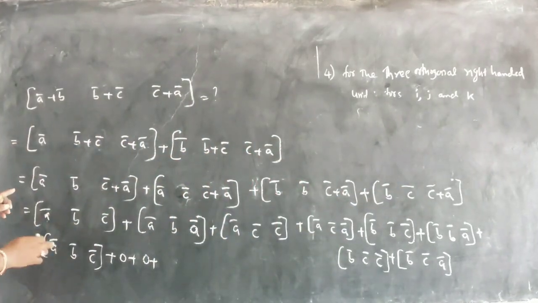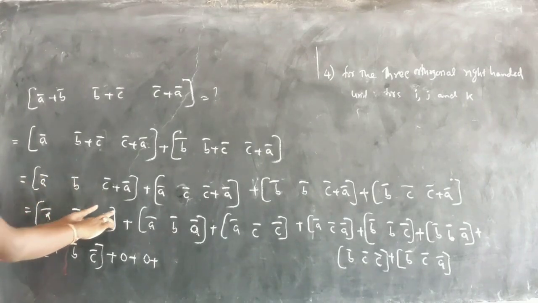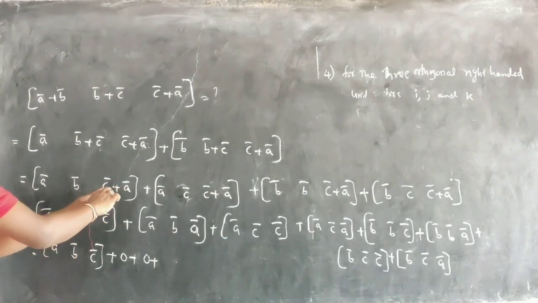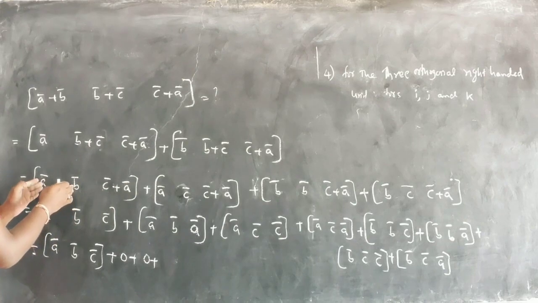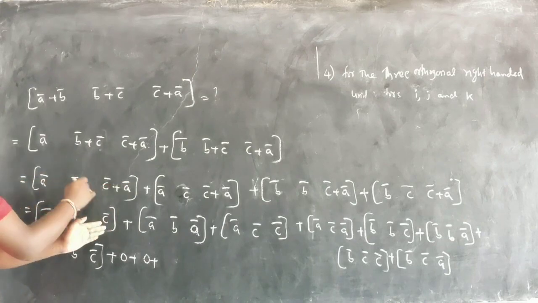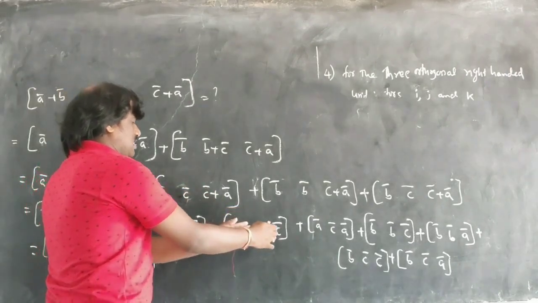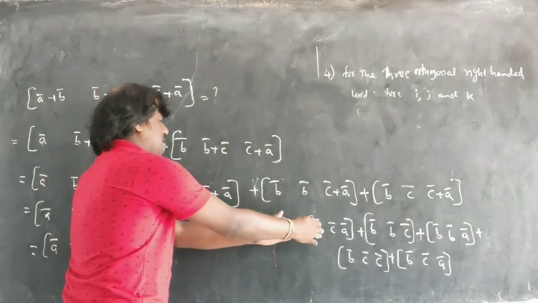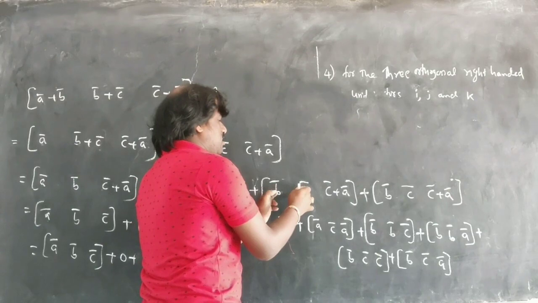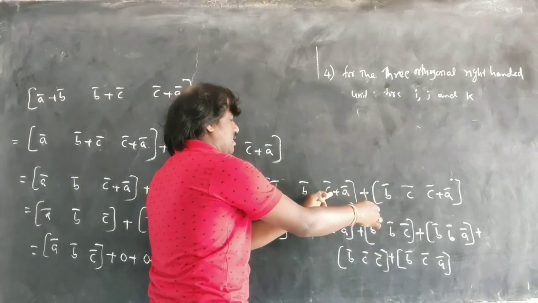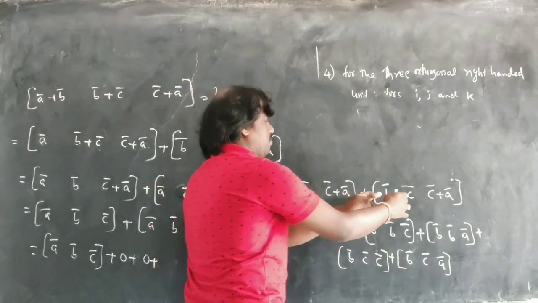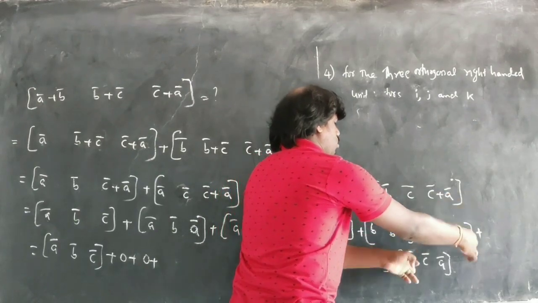Now what happened here? First one over, second one over, so the last one I have to break. So for the last, I kept these two the same and broke this one. Same way here, I kept this the same and just broke the other part. Here also I kept these two the same and broke this part into two. And here I kept these both the same and broke into two.